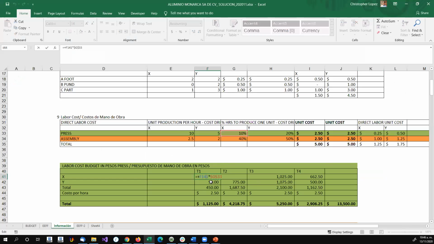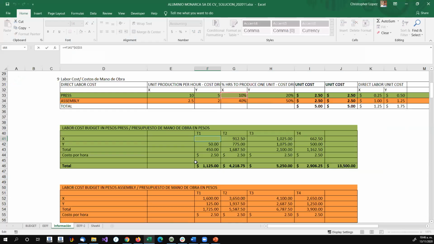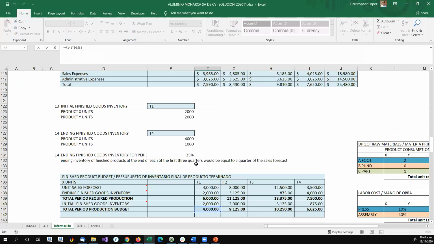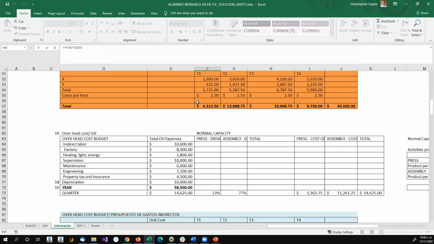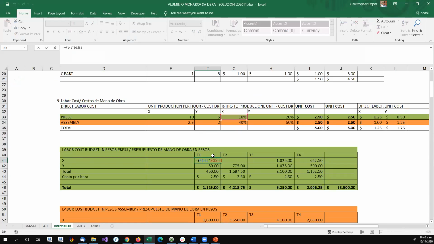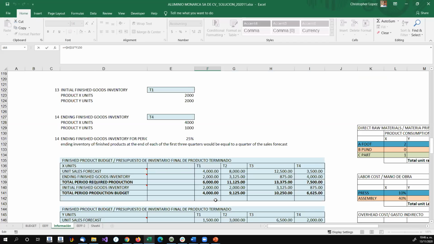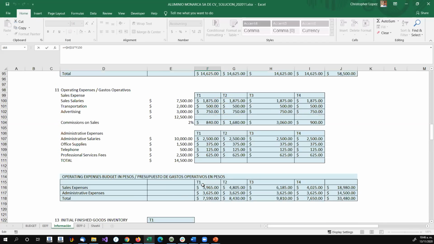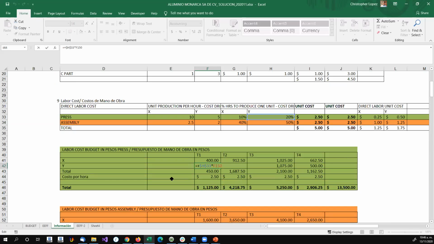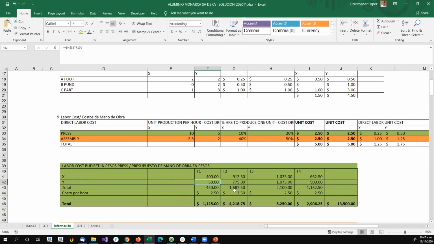So I just need to multiply my production budget, which is here, times the time needed to do one of the products per hour, which is 10% or 0.10 as you have it there. I do that for the X product, and then I do the same for the Y product. Again, it's my production in units times the percentage of hours I need to make that product.